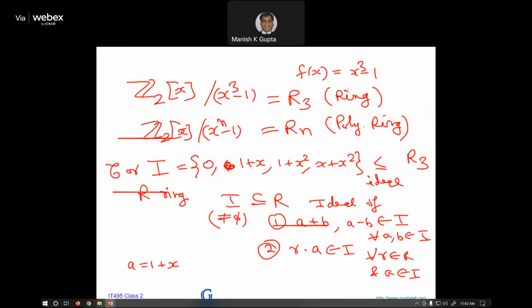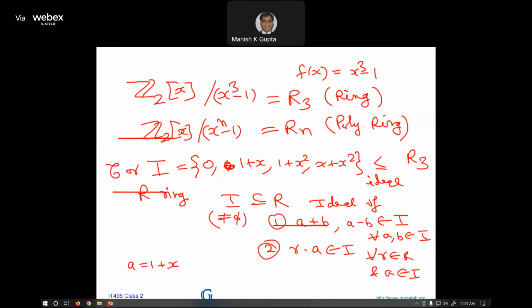So this whole thing is represented by R3. In general, we can write it like Z2[x] modulo x to the n minus 1. We call it the polynomial ring Rn. And so you can clearly see that this set C or I, which is 0, 1 plus x square, x plus x square, is an ideal in R3.